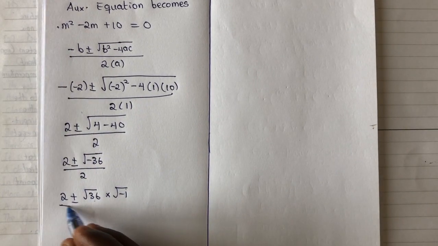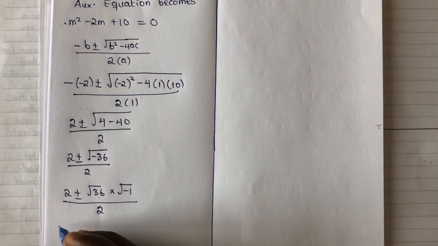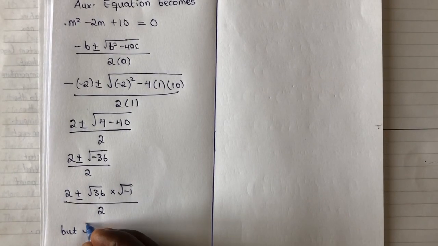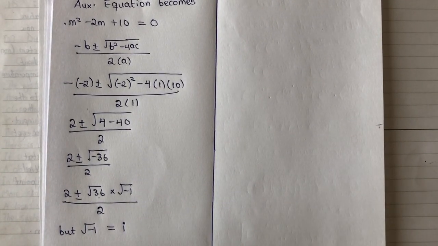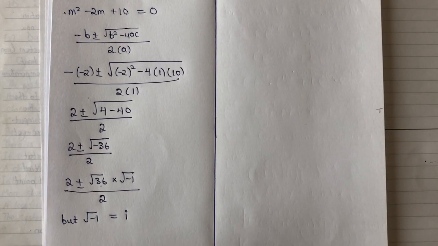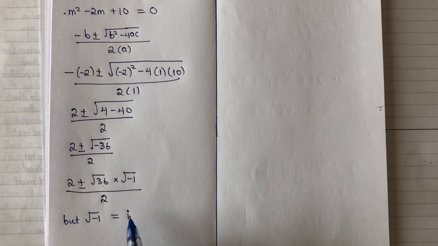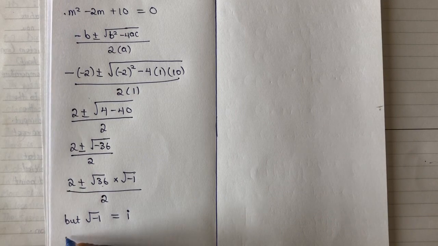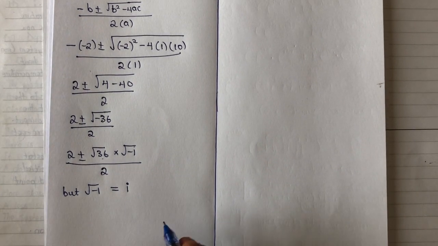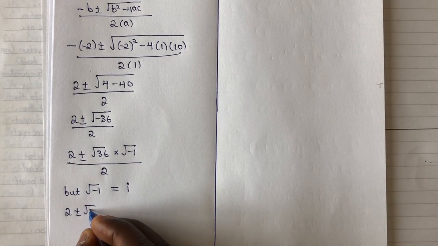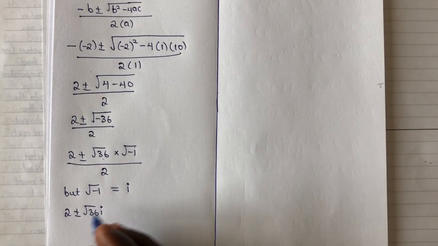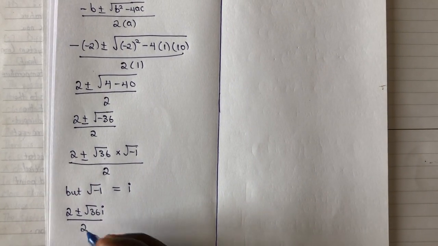So now, all over 2, but root of minus 1 is equal to what? i, where i is the complex notation. So now, I'll substitute i here to get 2 plus or minus root of 36 i all over 2.